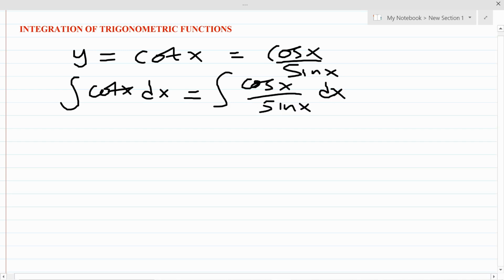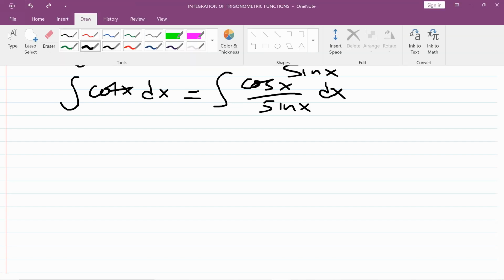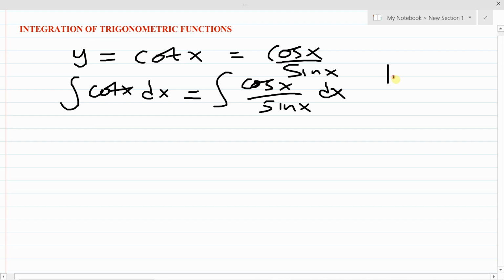Since I can't do this straight, all that I can do is let u be equal to sine x. Then if u is equal to sine x, du/dx will be equal to cos of x.